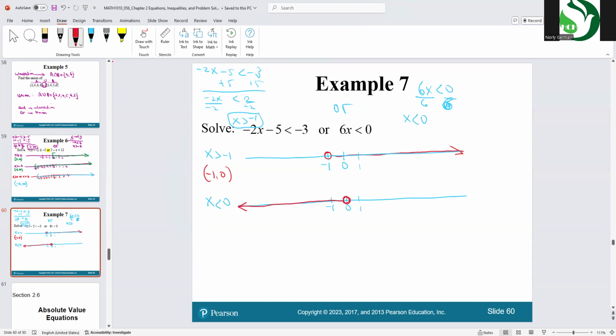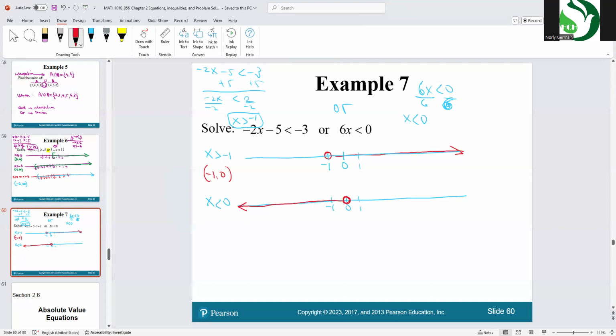Okay. What is the solution set? Because remember, we need to take the union of both sets. What's going to happen when you take the union of both sets? In this case, it's everything because we go in both directions.